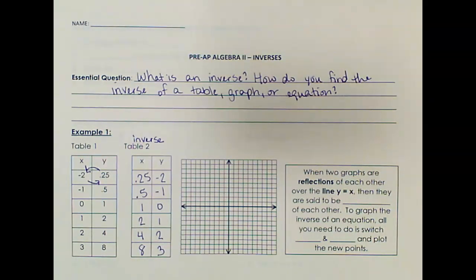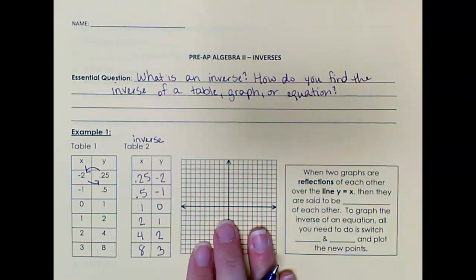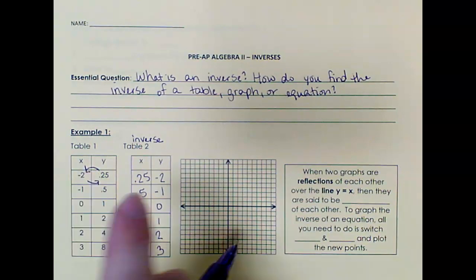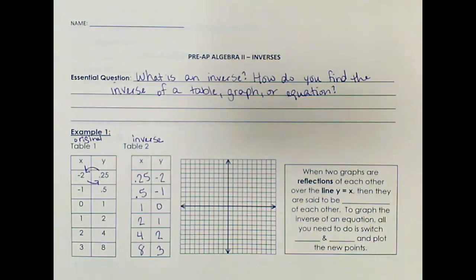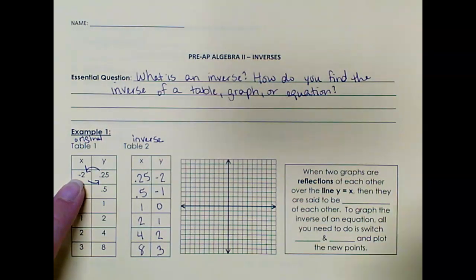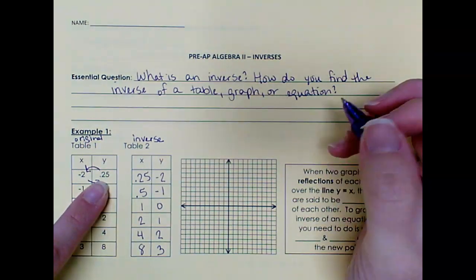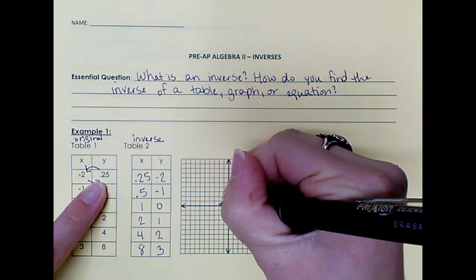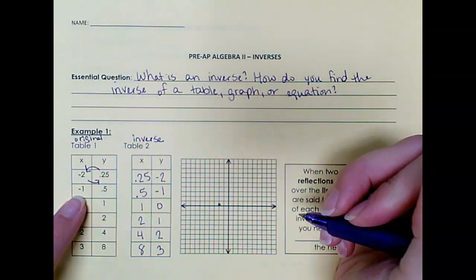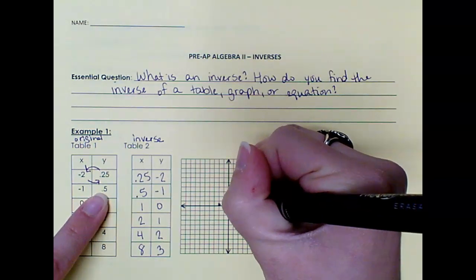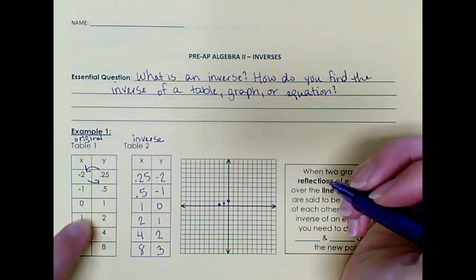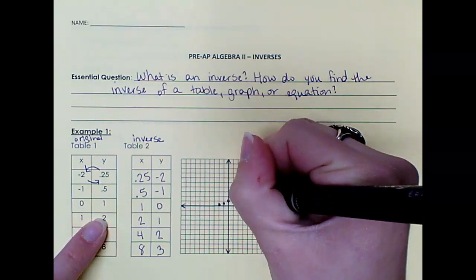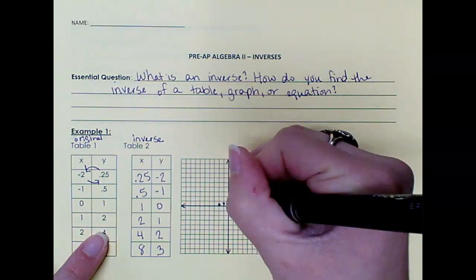Now, what I'd like to do is show you what that looks like on a graph. So first we're going to graph table 1, the original relationship. When I graph that, I have the point -2, 0.25, so that's about a fourth. So -2, 0.25, about right there. -1, 0.5, about right there. 0, 1, so y-intercept, 1. 1, 2. 2, 4.